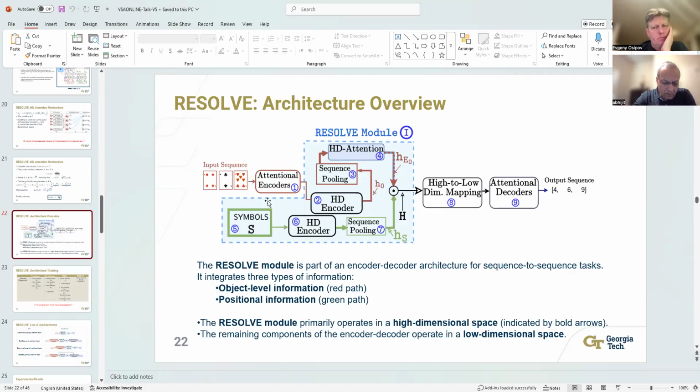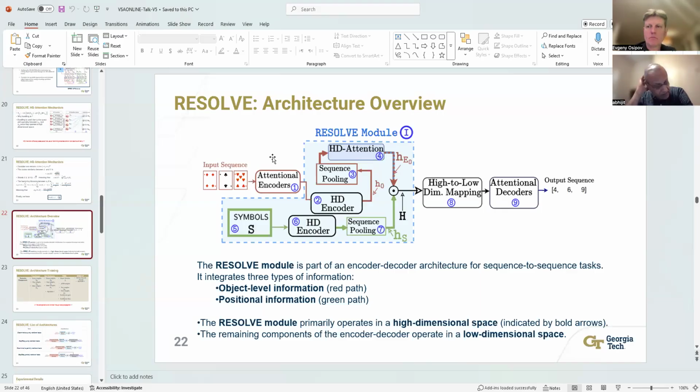Now there is also one more thing: before doing the attention encoder, we apply positional embedding as well. Ah, okay. So there is a positional encoding already in there. Yes. And then you provide the position encoding a second time. Exactly, through the symbol, with the high dimensional symbols. Okay.